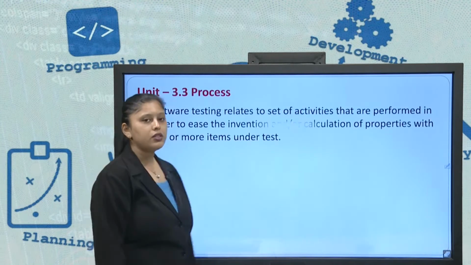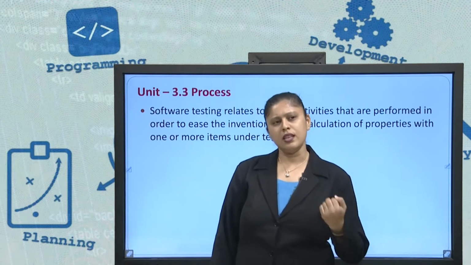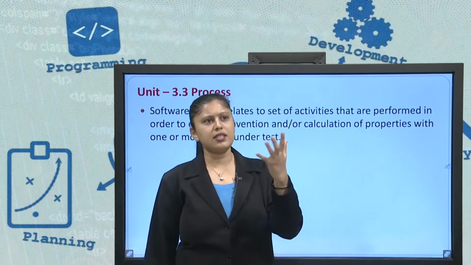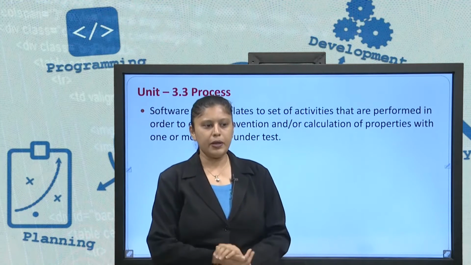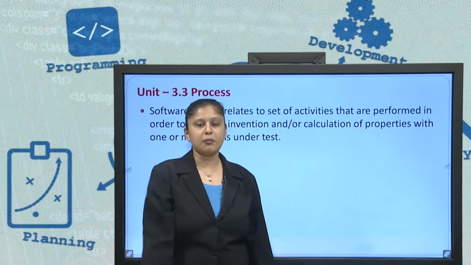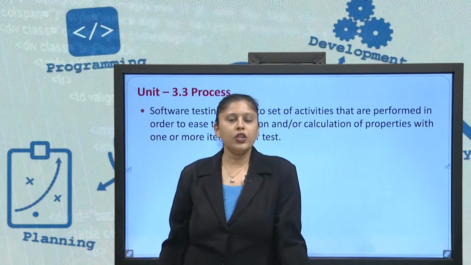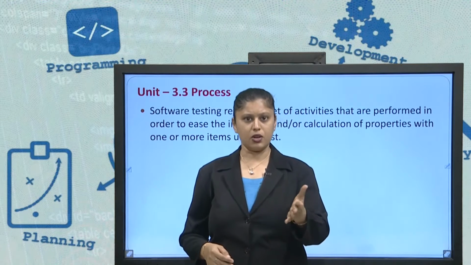Let us see 3.3, which is process. Now when somebody tells you about process, usually we analyze that a process is something that has certain steps. For example, take the process in the examination hall. When you go to the examination hall, you find out your number where you are going to sit on a particular bench.